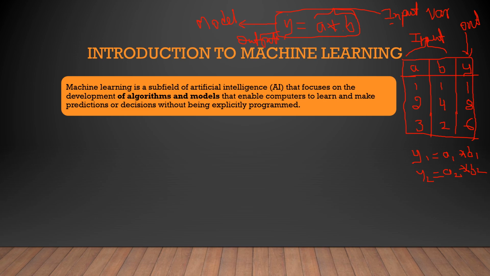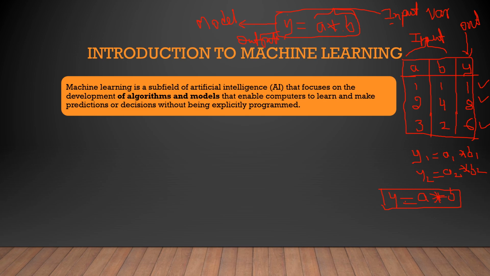How do we get 6 with the help of a and b? If we multiply them, yes, it is multiplied. So for all three, the best suitable formula is a into b. So the machine interprets this data and generates a model such as y is equal to a into b.